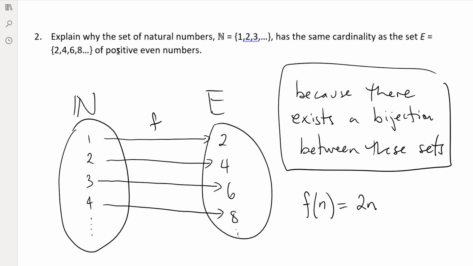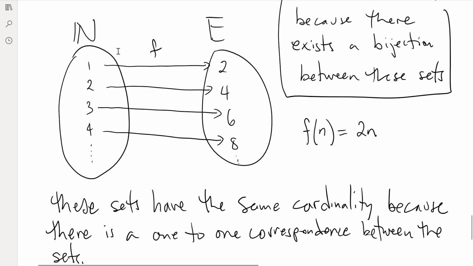If you pick two different natural numbers, you will get two different even values as a result of this function f. So it is both injective and surjective, and therefore it's bijective. And therefore, because there is this bijection between the two sets, there is a one-to-one correspondence between them, and that means they have the same cardinality.